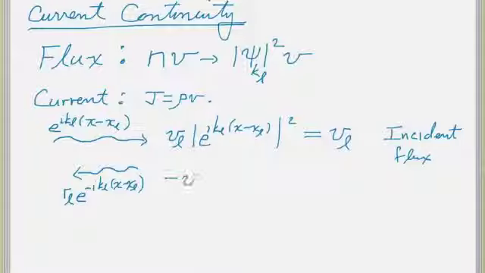Same energy, same k, so we just reverse the direction of the velocity. And the magnitude squared of this wave function is just R_L squared. So this is the reflected flux.